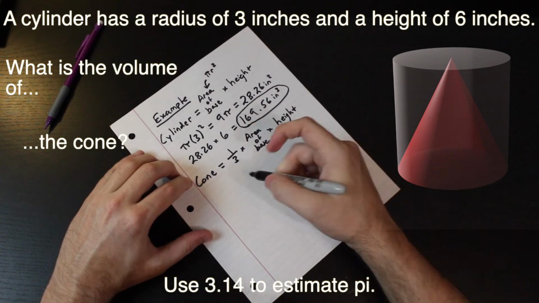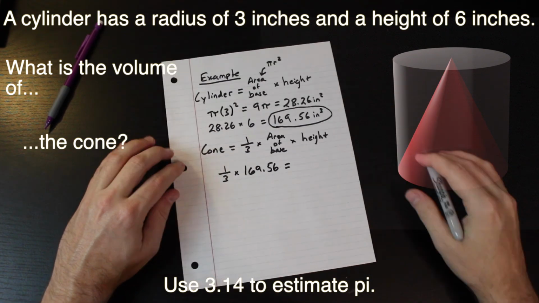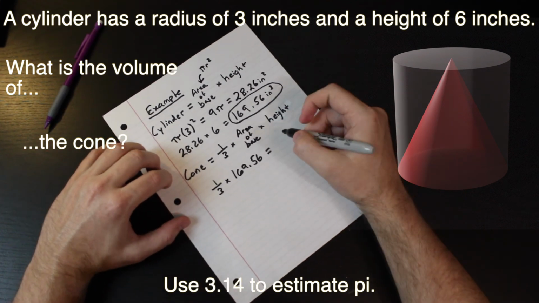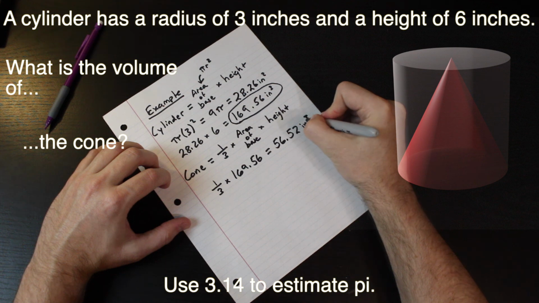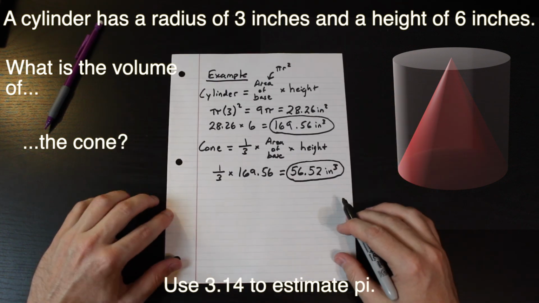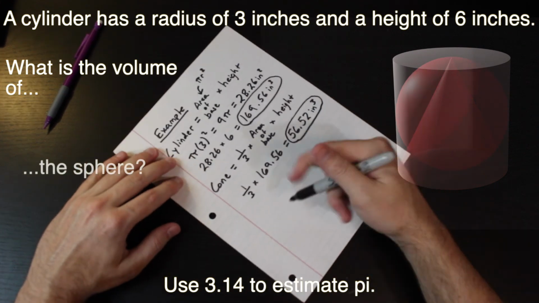So all we have left to do is find 1/3 of that. 1/3 times 169.56 is 56.52. So our cone has a volume of 56.52 cubic inches.